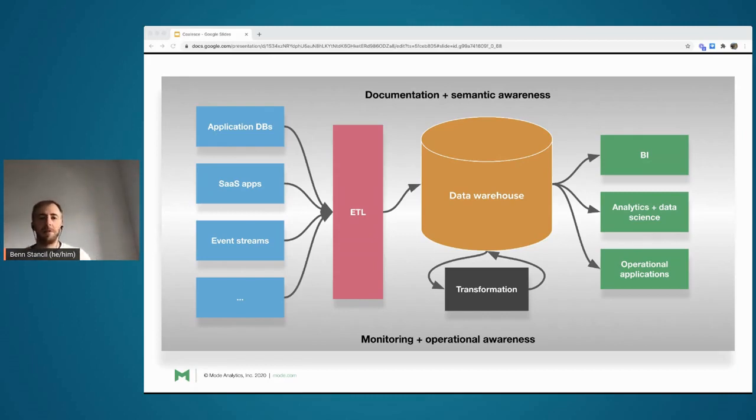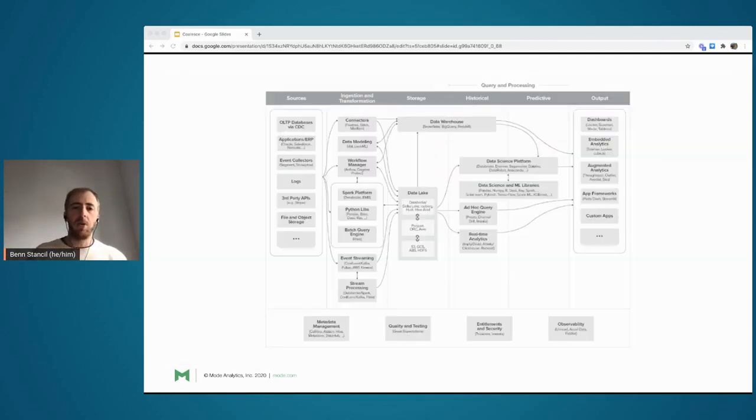This diagram is a relative simplification of the things that people are trying to do. There's a diagram in the Andreessen post that I referenced earlier that describes this in more detail. It's a better representation of what's happening, but it's still not everything. The surface of all the things you're trying to do here is way too big for one application or one vendor to handle, at least until Salesforce buys us all, which they may be trying to do.